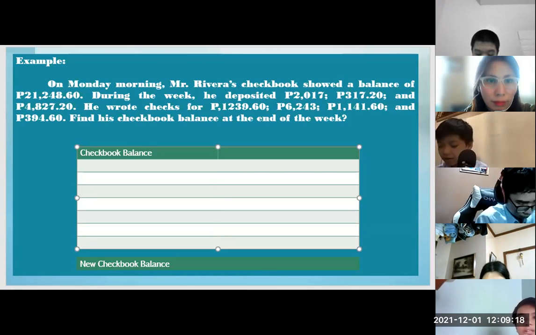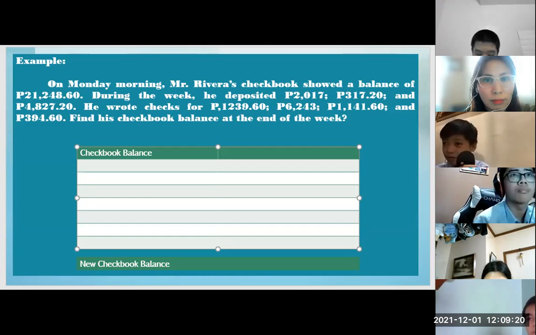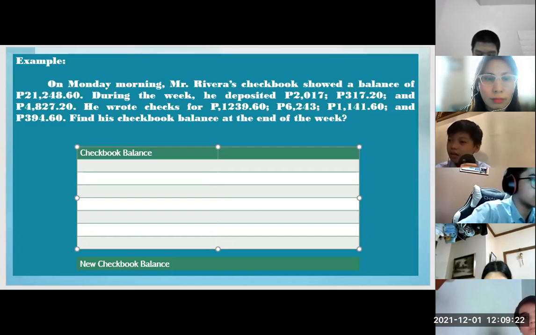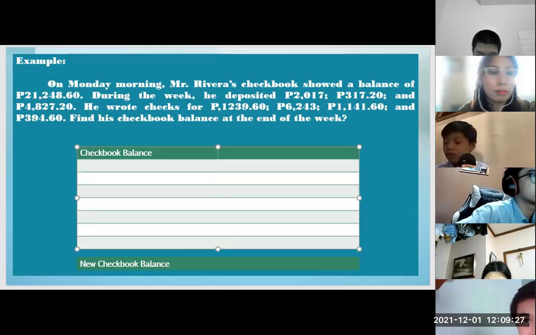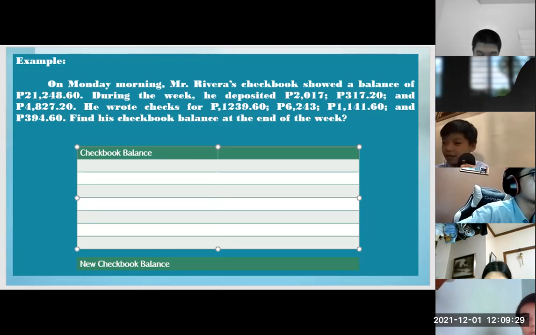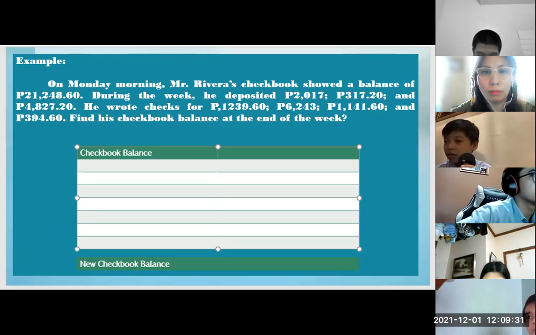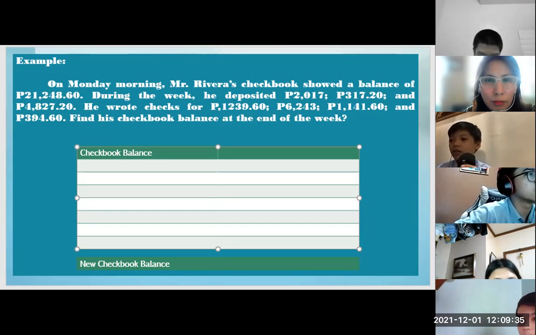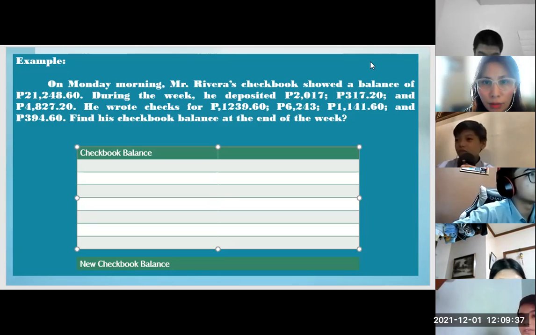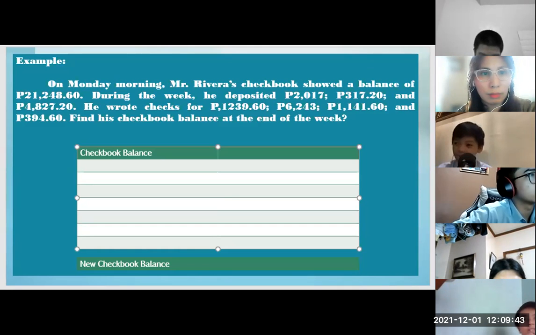On Monday morning, Mr. Rivera's checkbook showed a balance of 21,248 and 60 pesos. During the week, he deposited 2,017 pesos and 317 pesos and 20 cents and 4,827 and 20 cents.